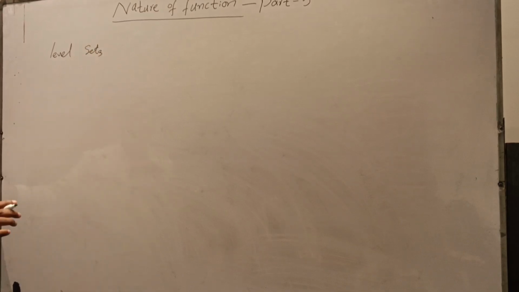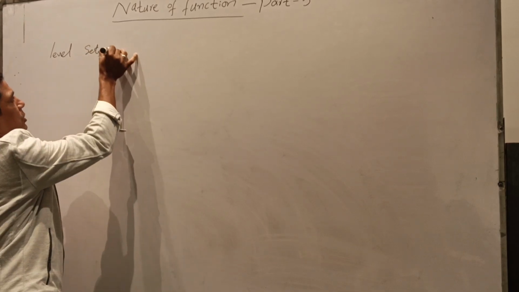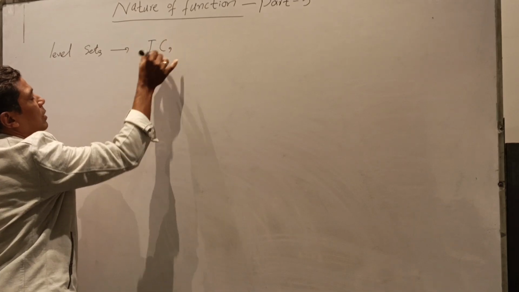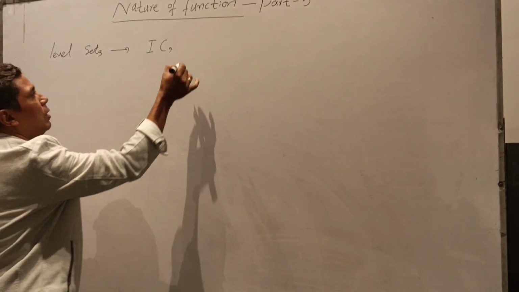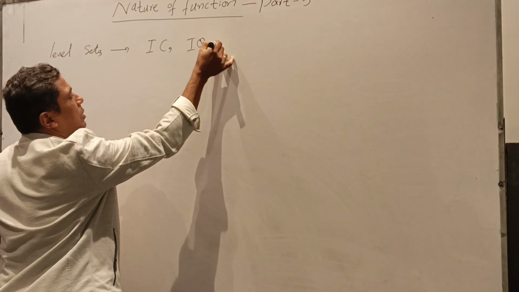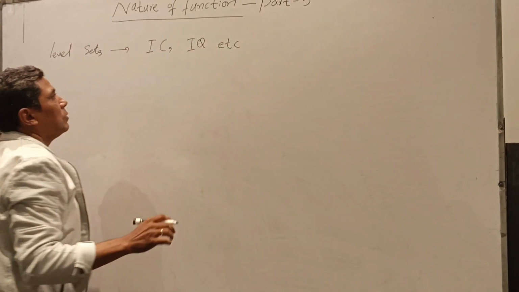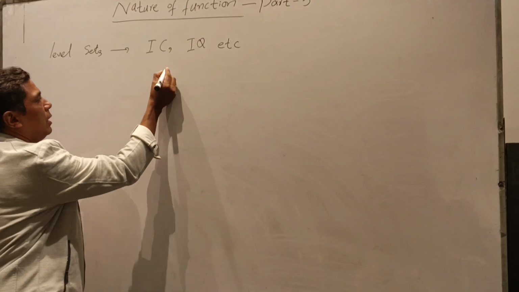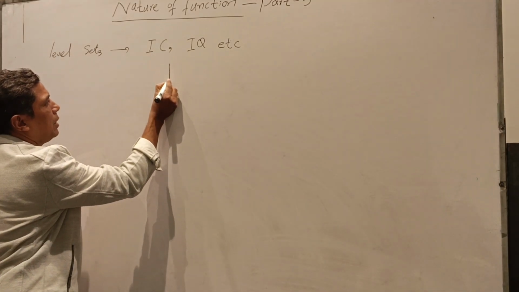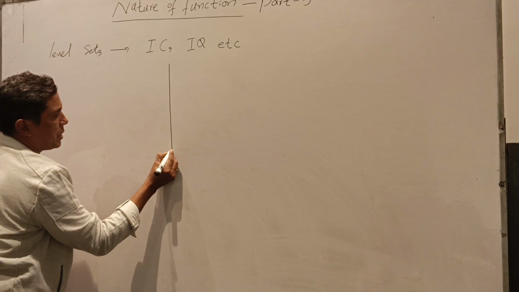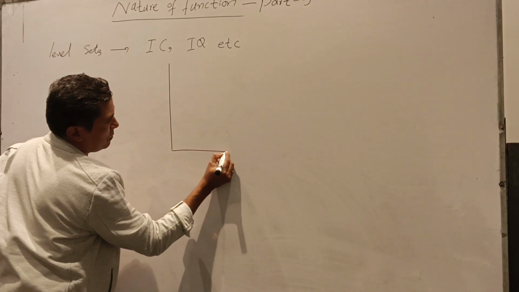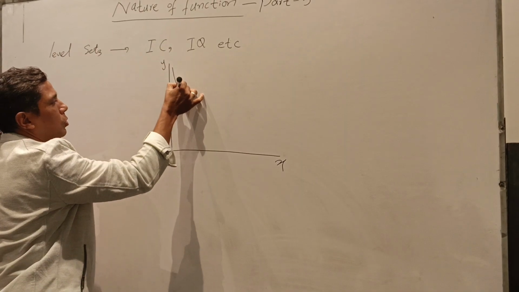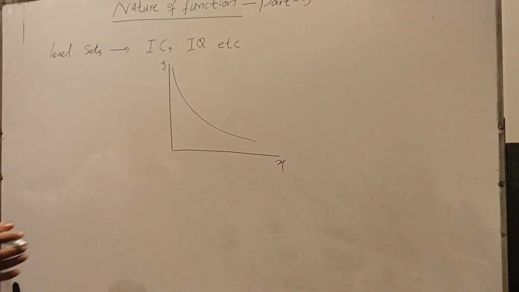For example, I explained that the level sets may be part of an IC (indifference curve), an IQ (isoquant), etc. Isocost. In case of level sets, for example, if you have a two-dimensional space, X and Y, it is called your level set.